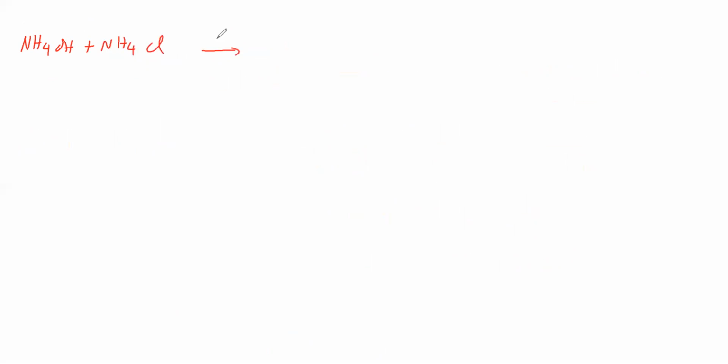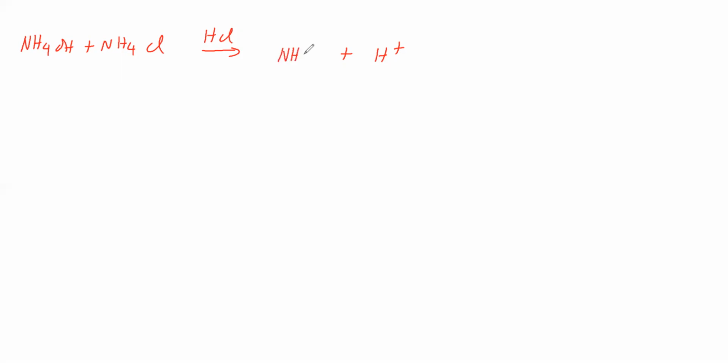Now to this let us add acid. The added acid gives H plus. That H plus should be consumed by the buffer solution, isn't it? So in the buffer solution, which will consume the added H plus? The base will consume, that's all. Which is the base? Ammonium hydroxide is the base.